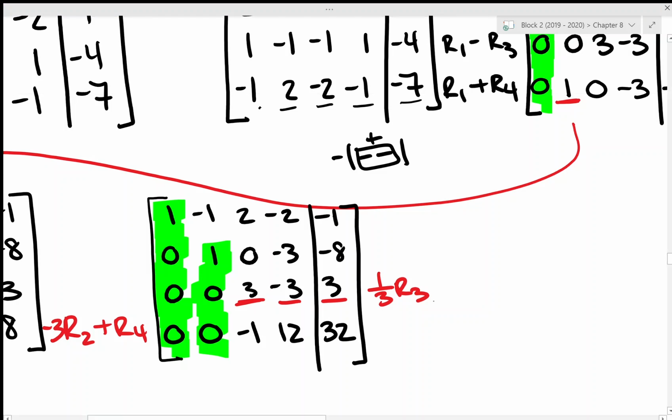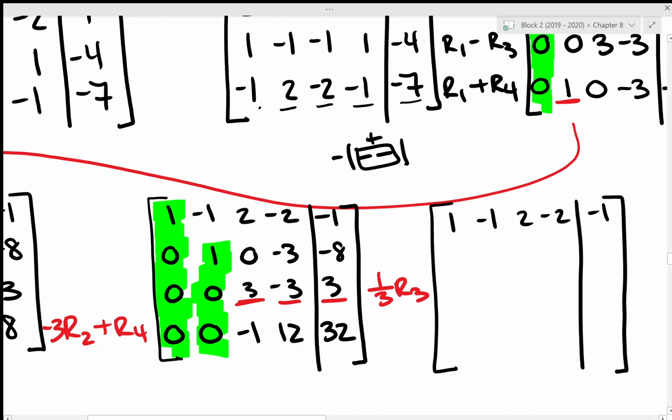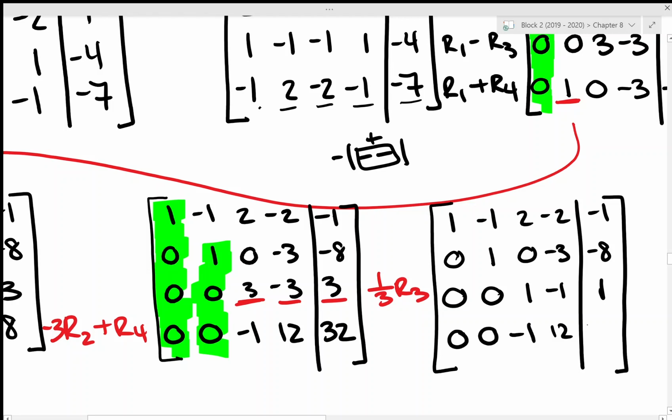So I am going to have 1, -1, 2, -2, line, -1, 0, 1, 0, -3, -8. Now here, 0, 0, 1/3 of 3 is 1, 1/3 of -3 is -1, 1/3 of 3 is 1. And then 0, 0, -1, 12, 32.